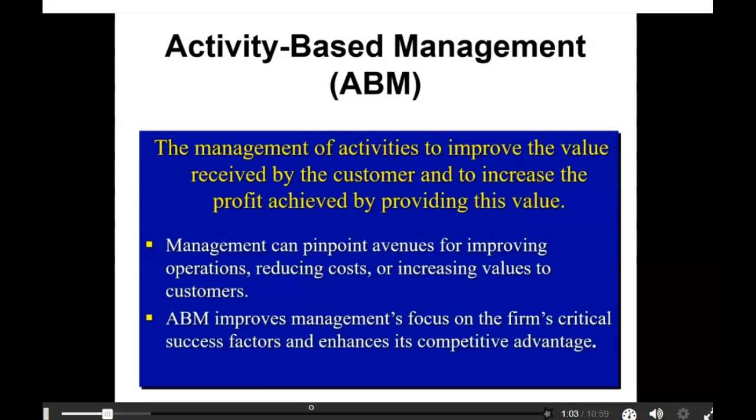So management here can pinpoint ways to improve operations by reducing costs and increasing value. ABM improves management focus on the firm's critical success factor, and thereby enhances the firm's competitive advantage.